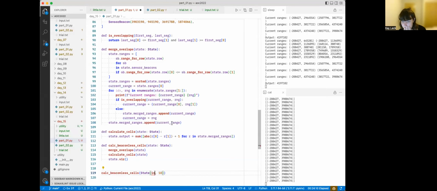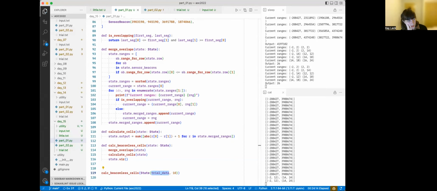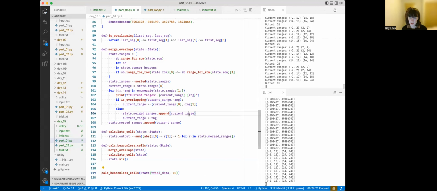So what's wrong here? Let's go back to the trial data. So it looks like all the ranges get rationalized down into one range, which is a little weird. Probably not what we want. Let's try it with the little data. Do we get everything we need there?